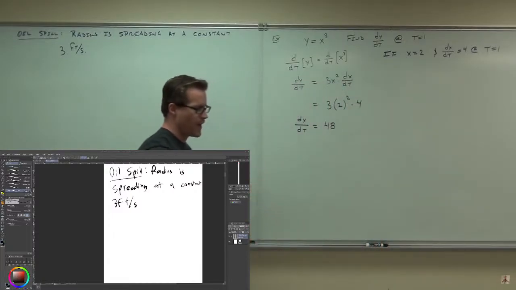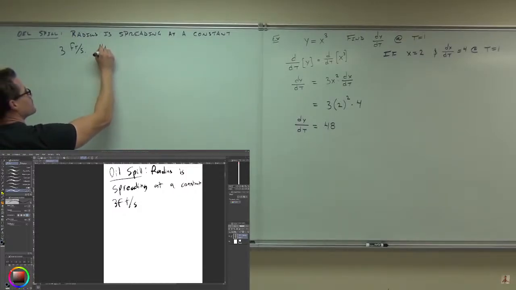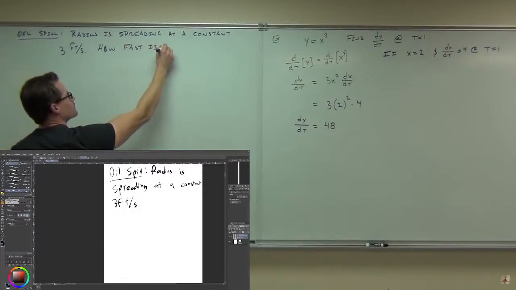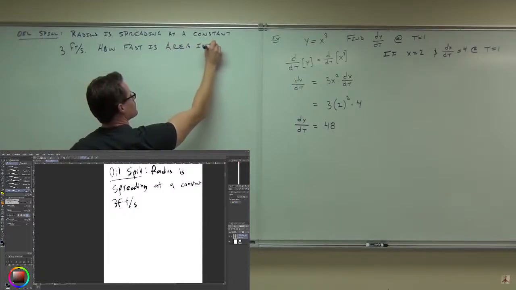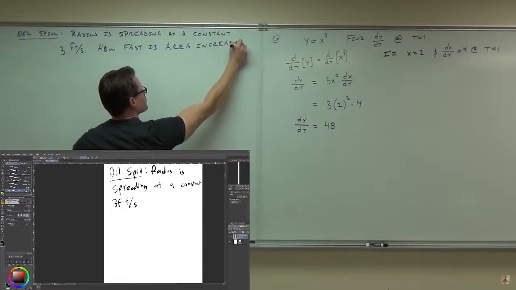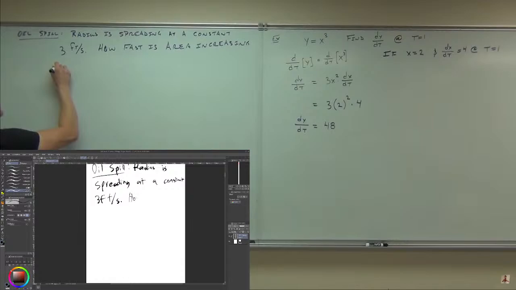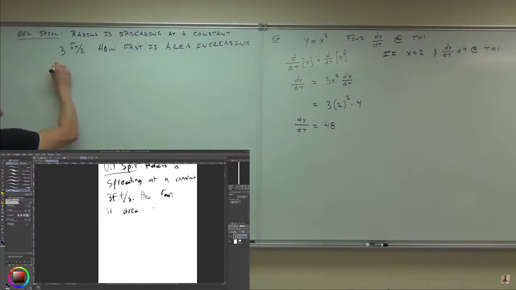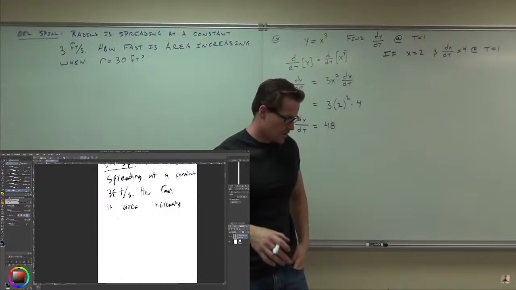What we want to know is how fast is the area increasing when the radius is 30 feet? How fast is the area increasing when the radius is 30?